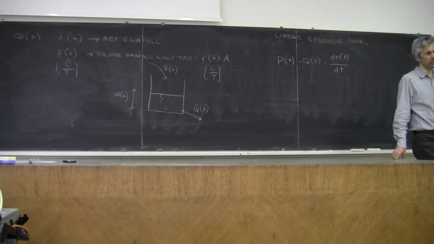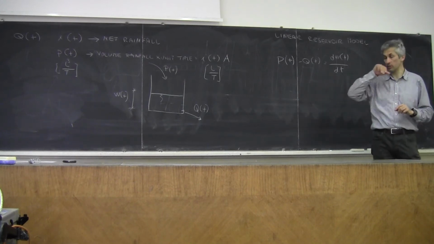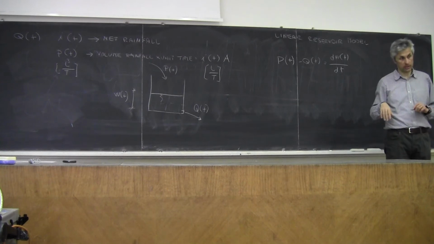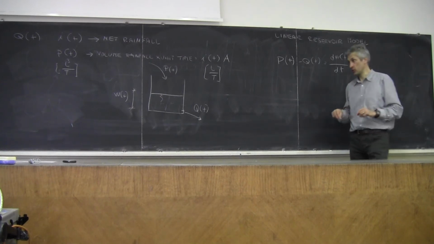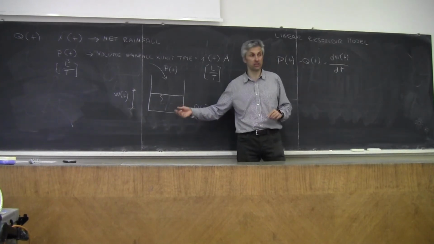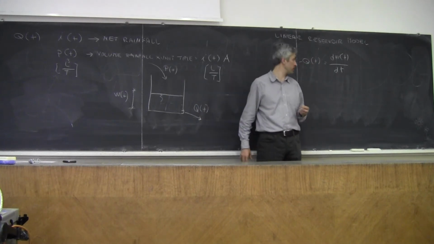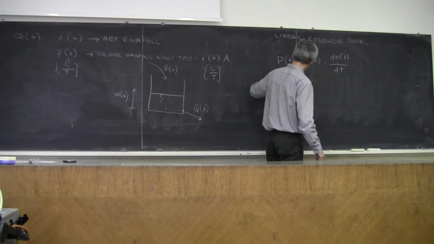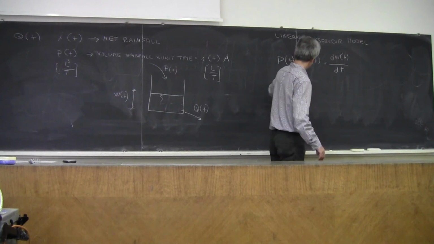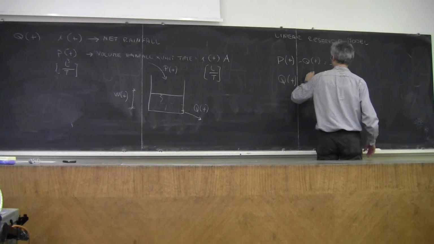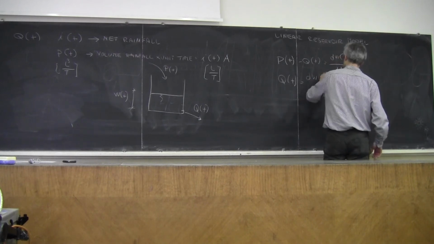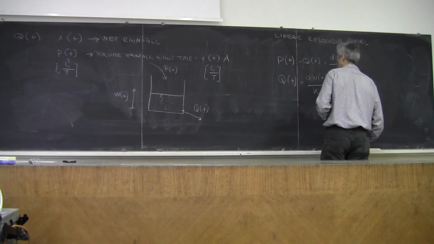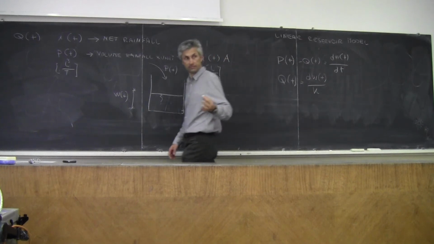So the idea of the people who devised this model was to approximate the relationship between Qt and Wt through a linear relationship. And basically, they adopted this relationship: Qt is equal to Wt divided by a constant k, which is a parameter.